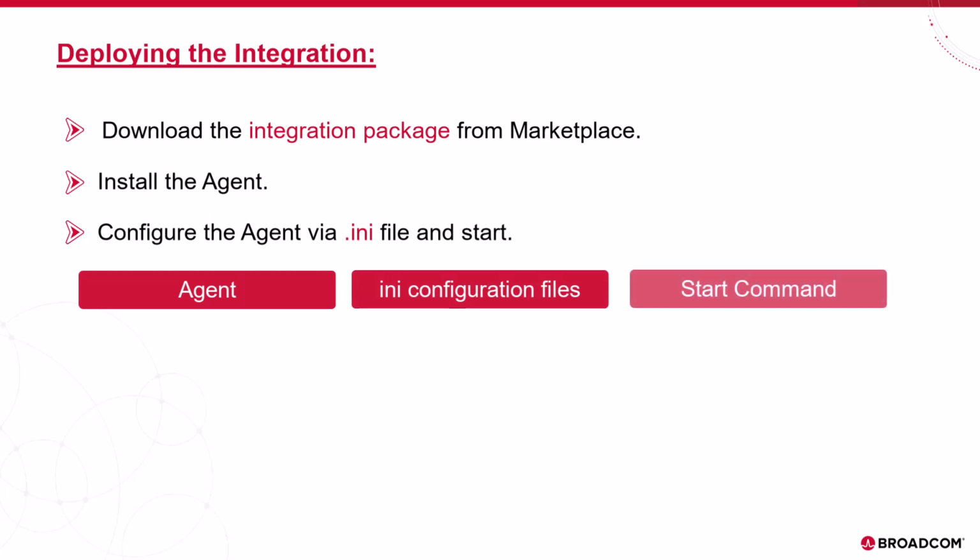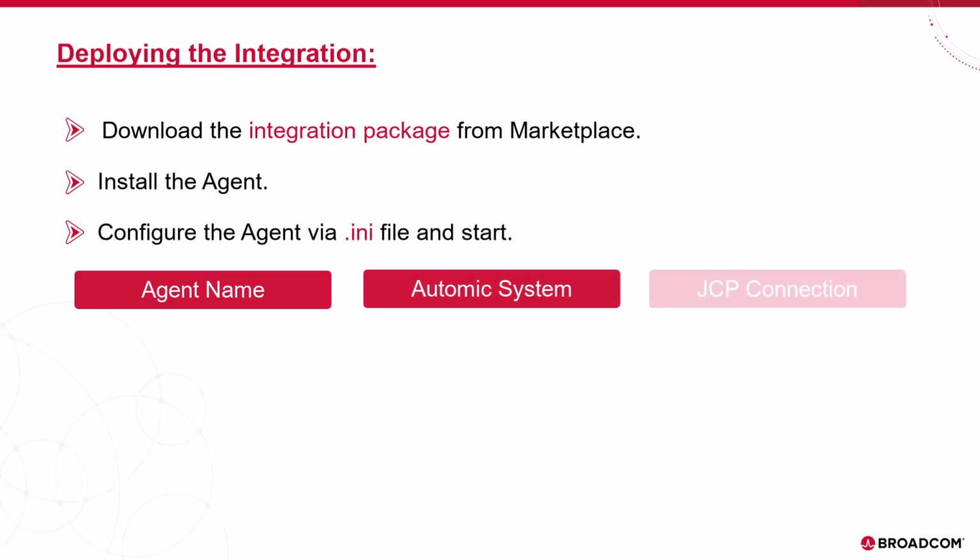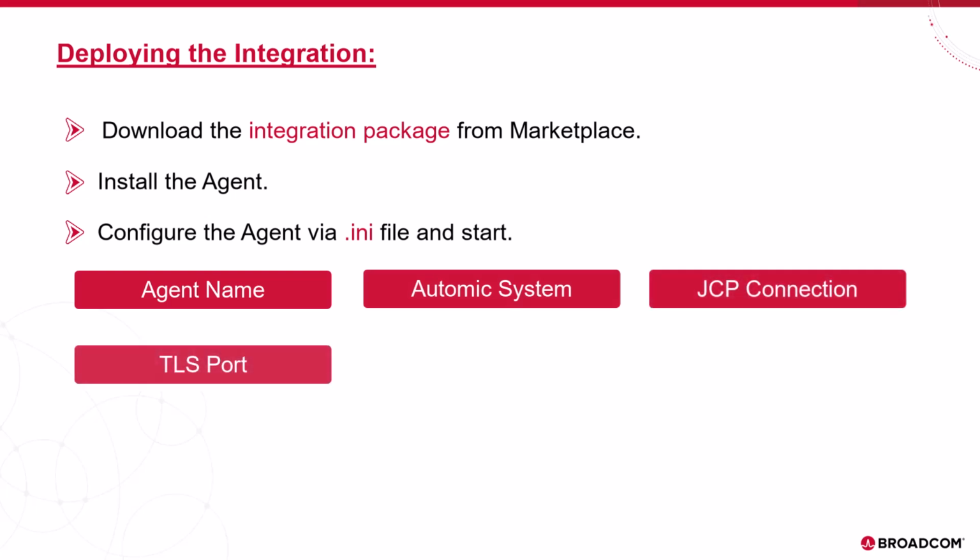We use the appropriate INI file for our specific platform. Azure Power BI is a standard Automic agent. It requires at least 4 values to be updated: agent name, Automic system, JCP connection and TLS port, and finally TLS certificate.